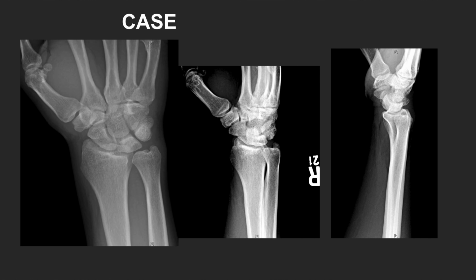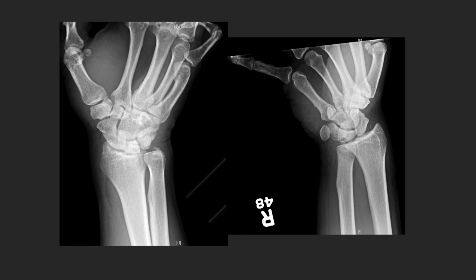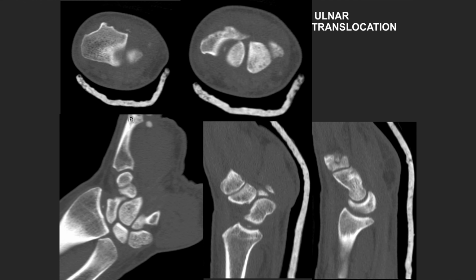Here's a case, a traumatic case, someone who was in a motor vehicle accident, and initial x-rays look relatively benign, but when you get the stress views, you can see there's a large gap between the scaphoid and the radius. This prompted the CT scan to be obtained, where a small fleck of bone was noted between the radius and scaphoid, and the ulnar translocation was more obvious on the CT scan.